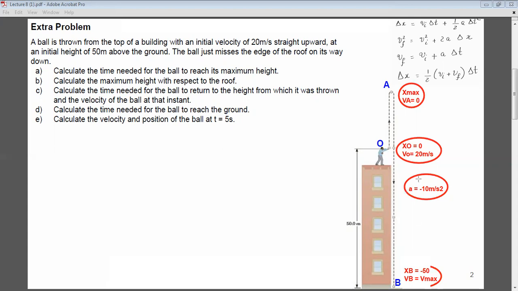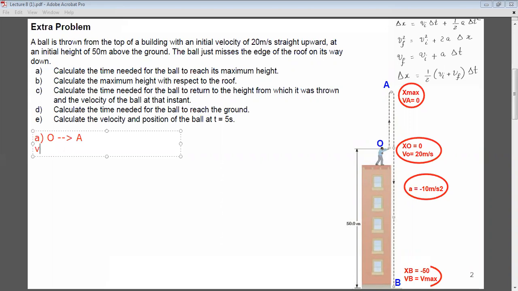So these are all the pieces of information I know. Now I can start trying to solve my problem. We will do it together. Calculate the time needed for the ball to reach its maximum height. This is from where to where? This is from O to A. What do I know from O to A?